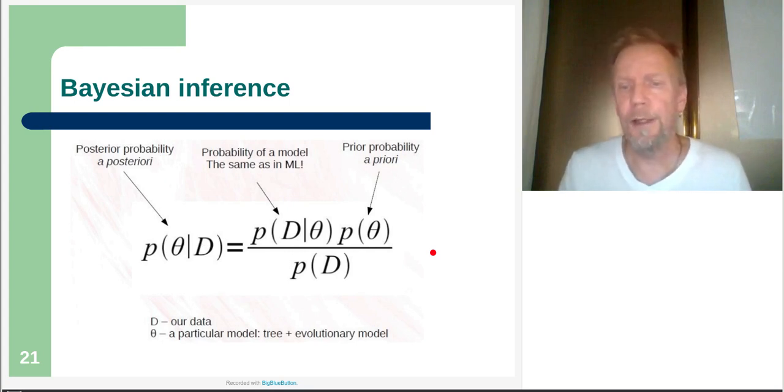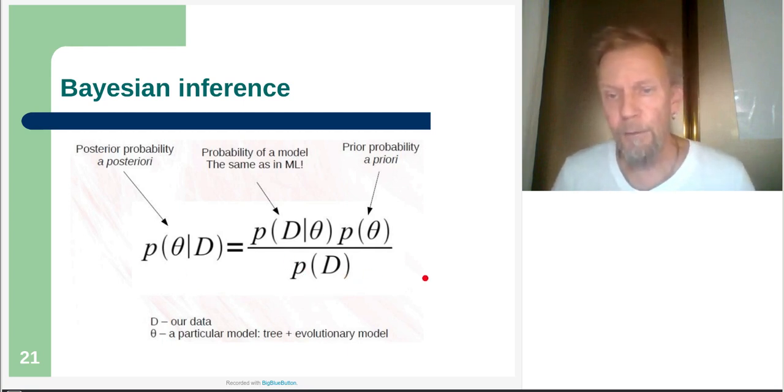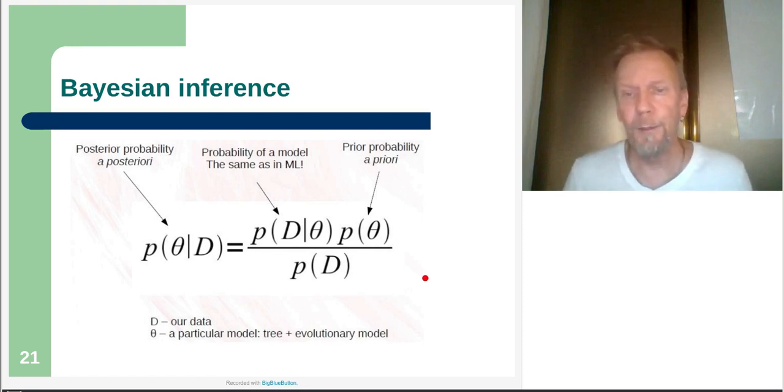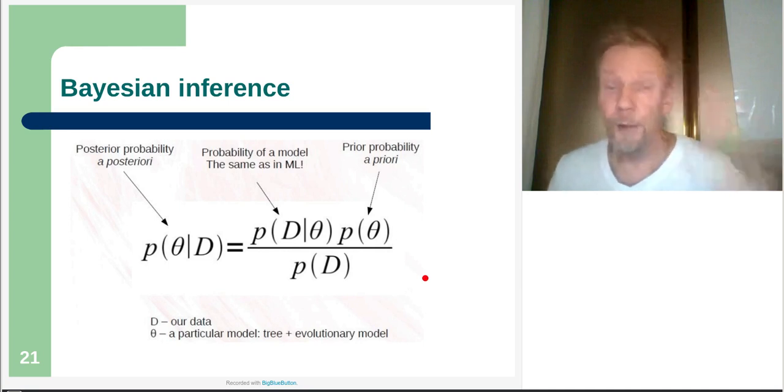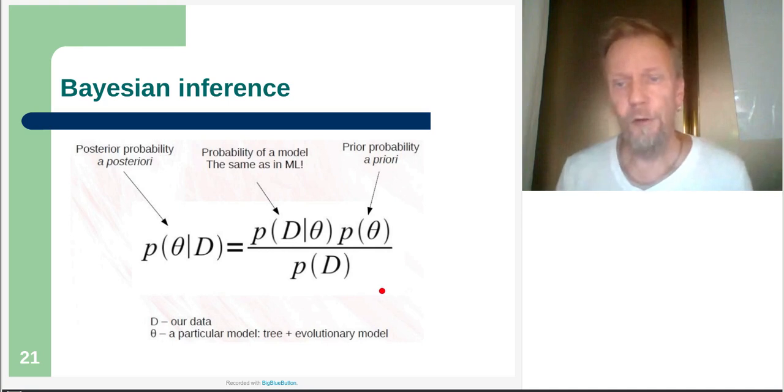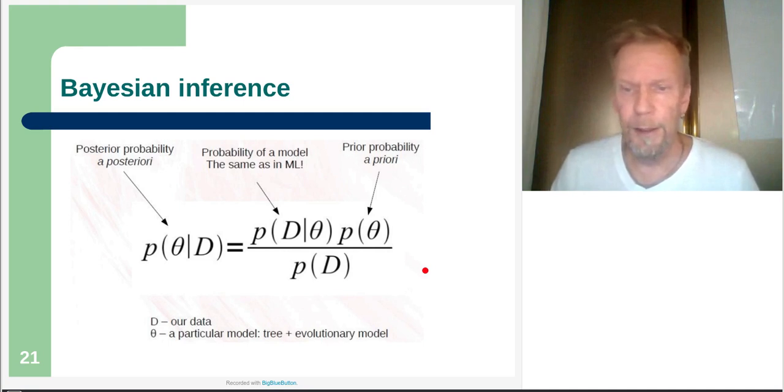But the problem is that there is no analytical way, there's no mathematical way to get numbers for this. And the reason for that is that the probability of our data is not available, and if we try to compute it, it would be huge multidimensional integrals, and it's just not computable. And even theoretically, considering the probability of a multiple sequence alignment, it's philosophically very hard to define.